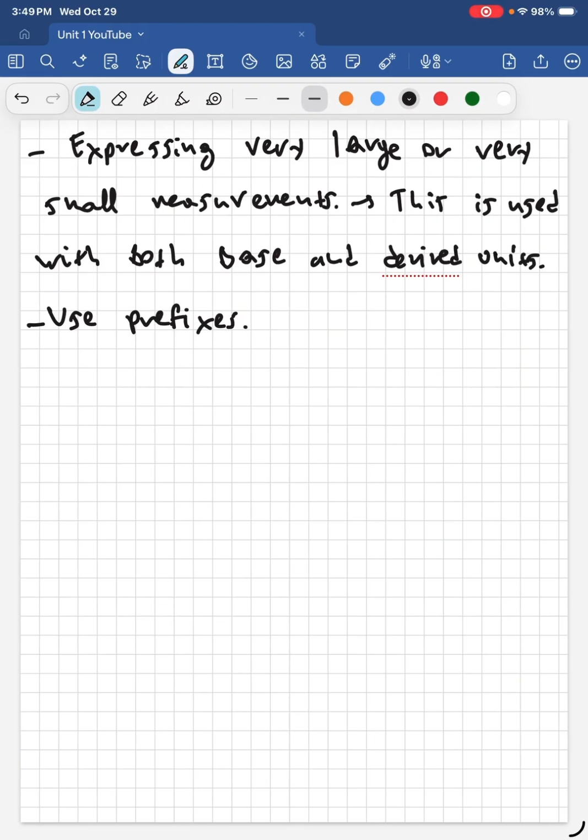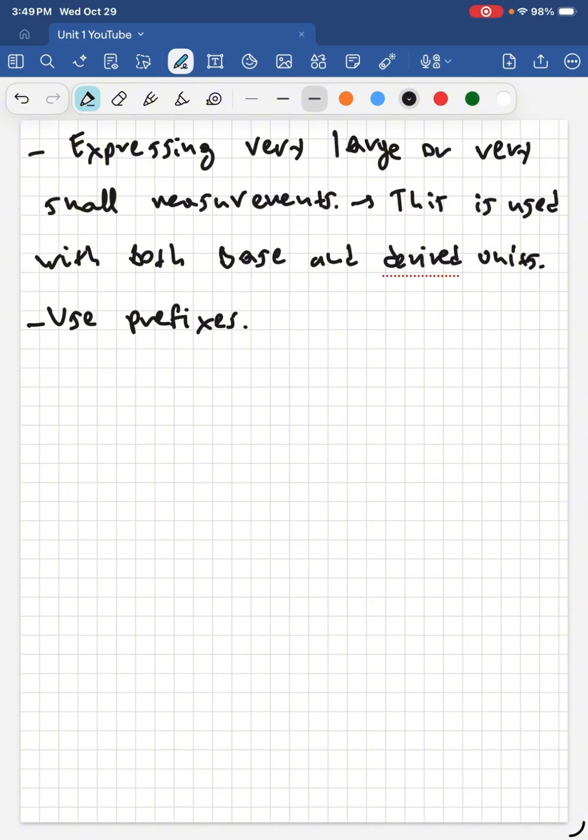So that's the idea. Or the dimensions of a cell, like an animal cell or maybe a plant cell, is, if I'm not mistaken, in the order of magnitude of micrometers, which is 10 to the minus 6 meters. So you cannot use meters, you need to use micrometers. Okay, so that's the idea.